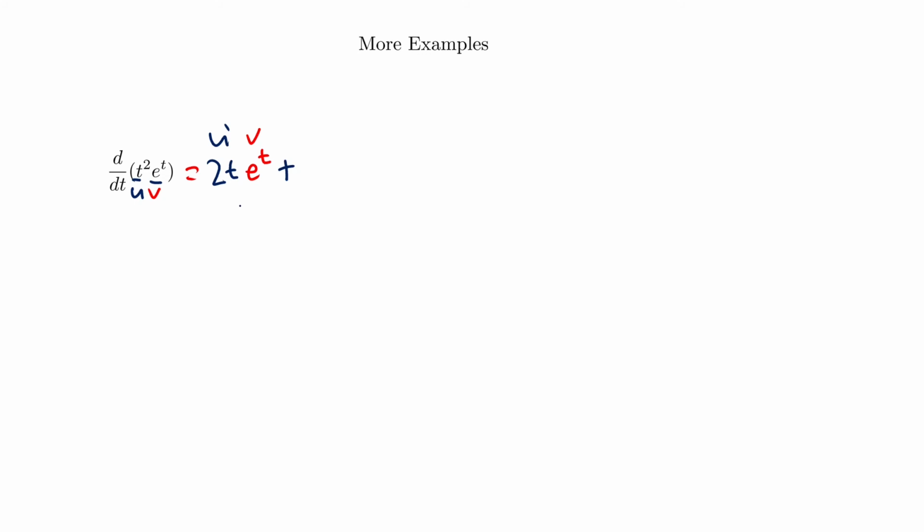Now we're going to put a plus, and we're going to switch it. Instead of doing u prime, we're going to put u itself, which is going to be t squared. And then we're going to put v prime, which will be e to the t. And then we'll just leave our answer like this.